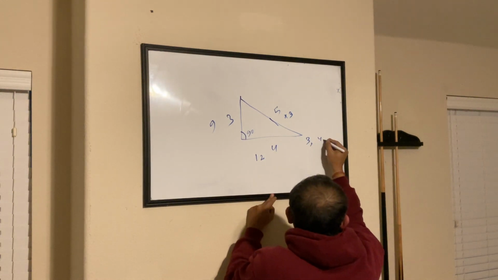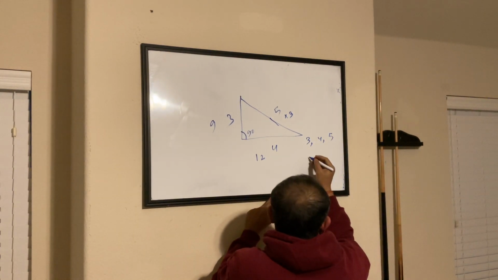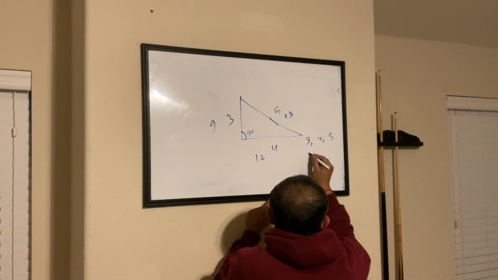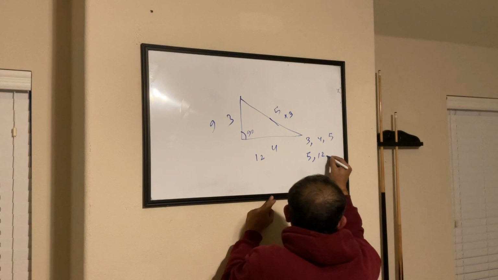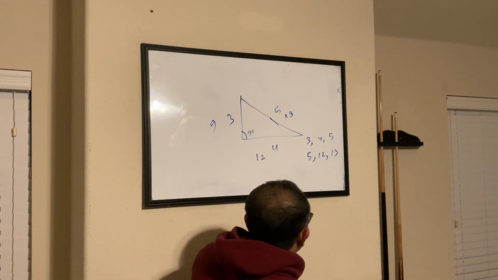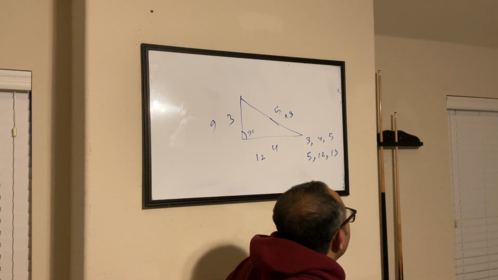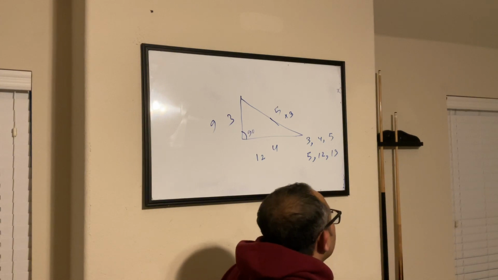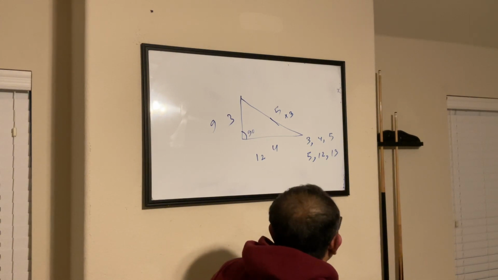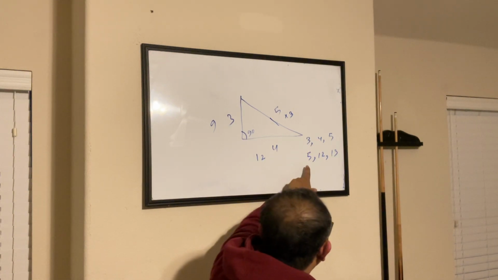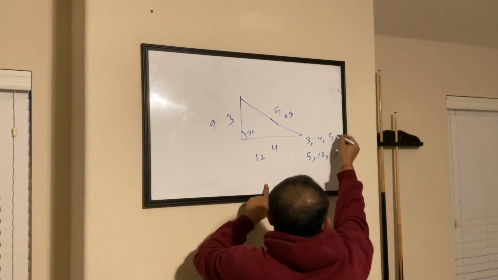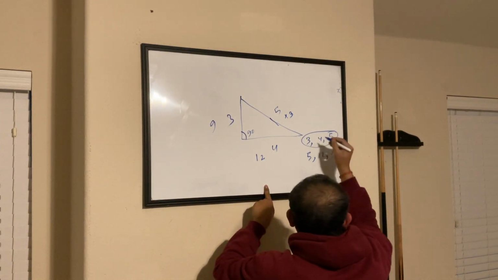3, 4, 5. Then 5, 12, 13. So let's say if you know these two combinations, what happens is you can look at the multiples of these.